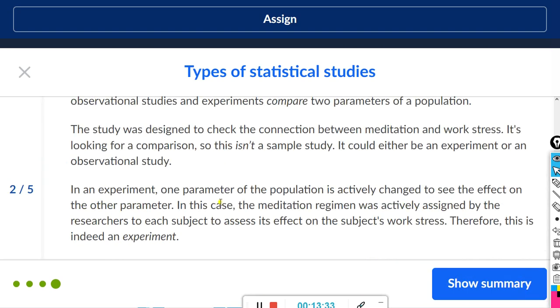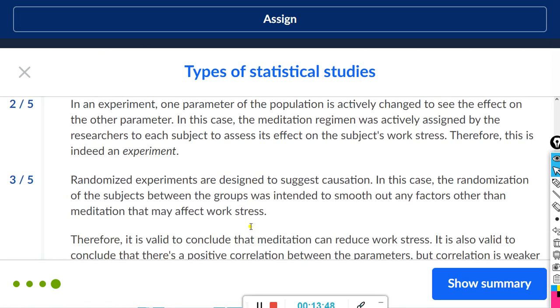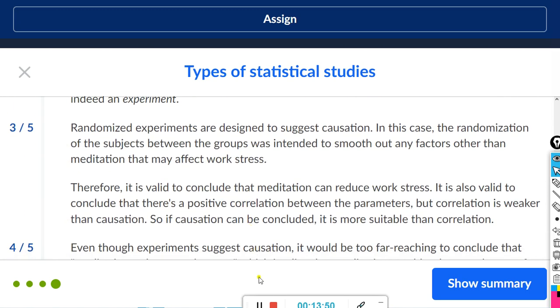Okay, their answer: in an experiment, one parameter of the population is actively changed, and the meditation regimen was actively assigned by the researchers to each subject. And the other group did nothing, so it's a good comparison. Randomized experiments are designed to suggest causation or cause and effect.